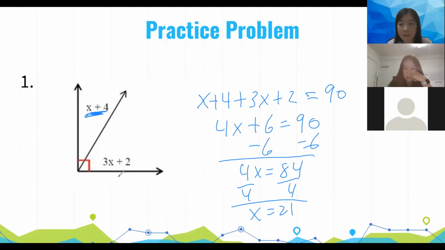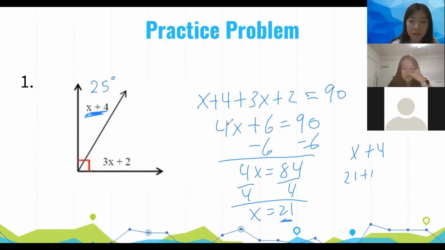It's 21 plus 4, so it's 25 degrees, because x plus 4 and x is 21.